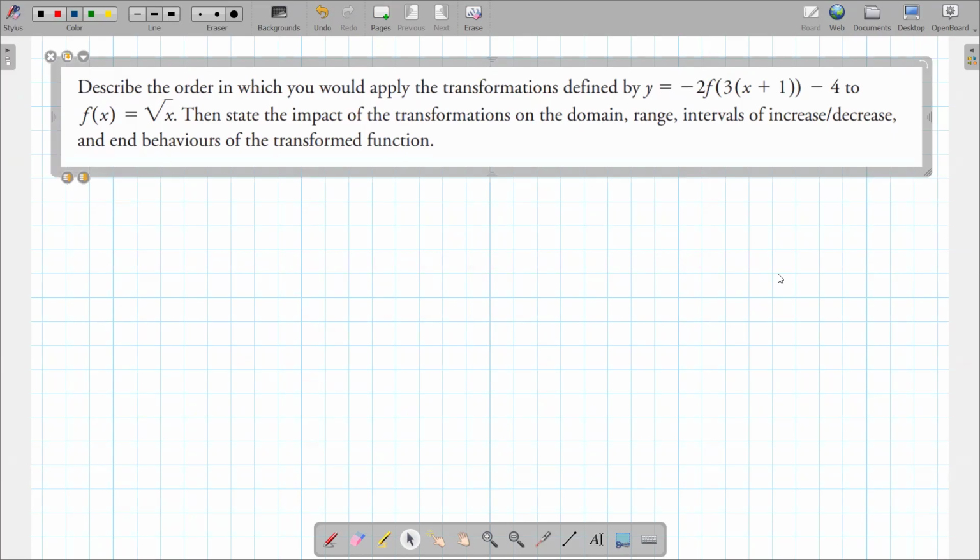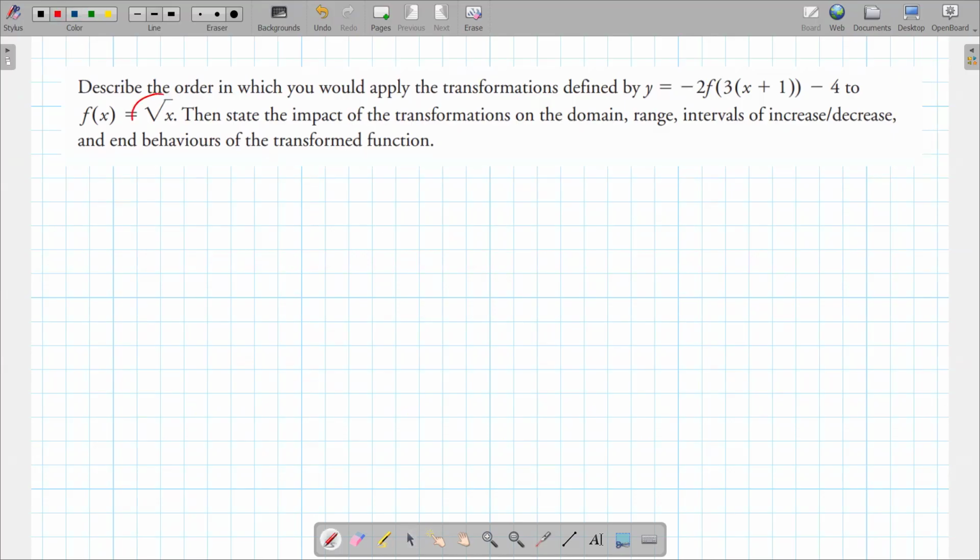What's f? It is root x. So your parent function is root x. What we're going to do is sketch this transformed function. I'm going to give you the steps, okay?